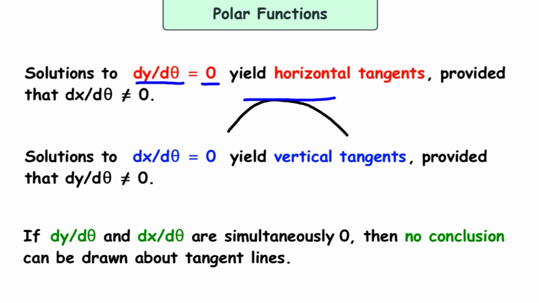And same thing for the vertical tangents. If you're coming along like this and you turn that way, that would be a vertical tangent because x isn't moving. You're not changing left or right. And obviously if they're both 0, just like in the other section, you can't make any conclusion. If dy/dt and dx/dt were both 0 when we were doing parametrics, you couldn't draw a conclusion about tangent lines.